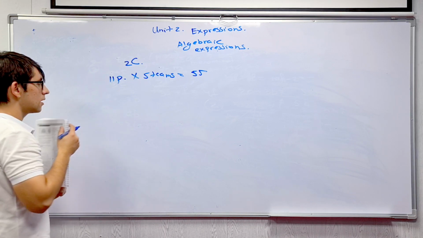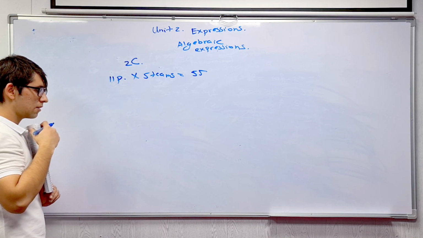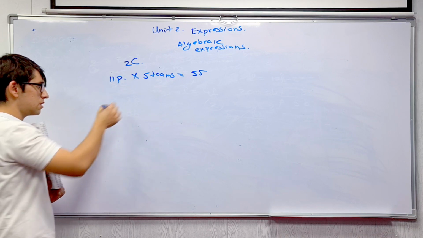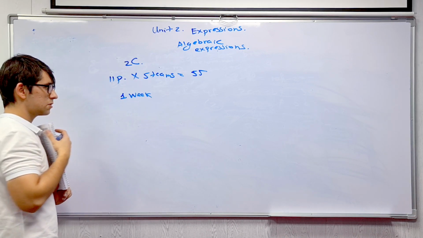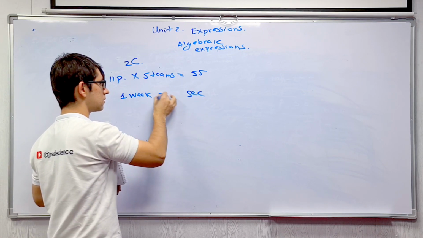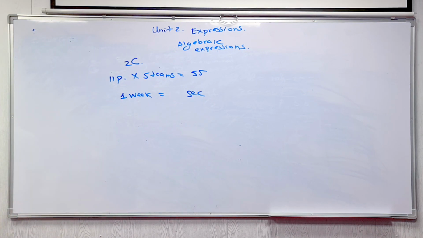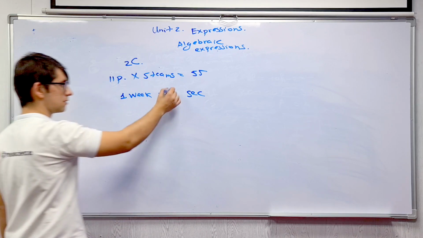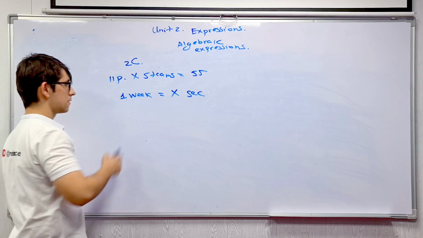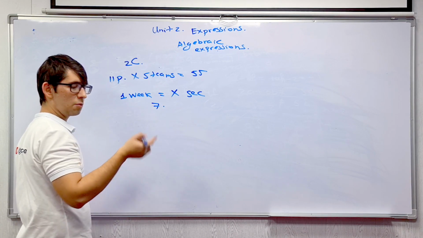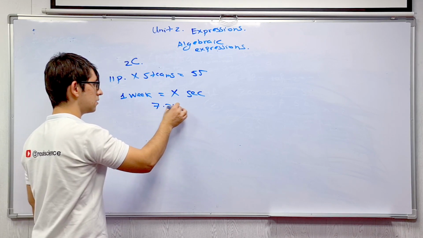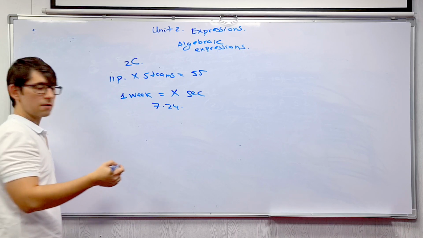Do you know, students, we used to have one question: 1 week is worth how many seconds? For 1 week, how many days do you have? 7 days. For 1 day, how many hours? 24. For 1 hour, how many minutes? 60.